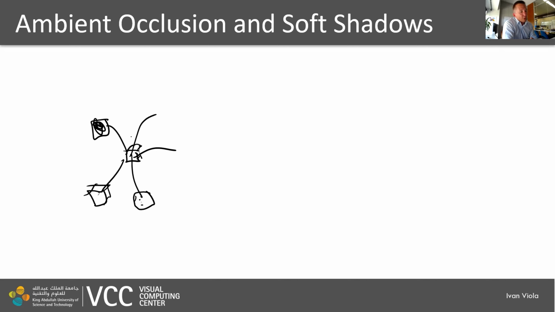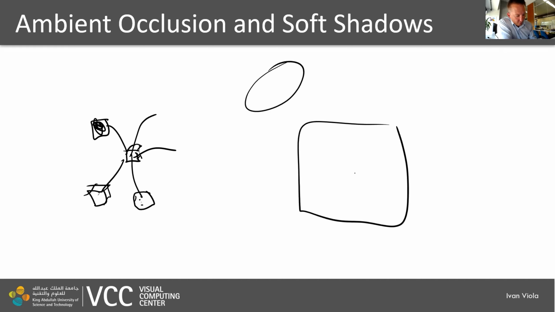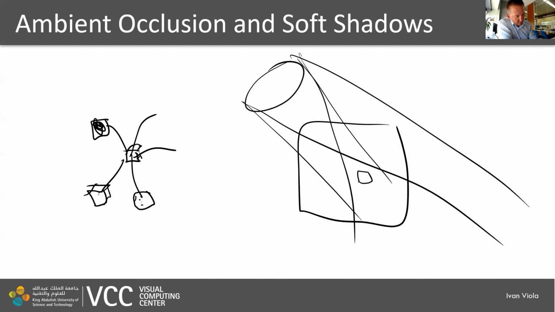And for the soft shadows, we are using something similar. We are using both ambient occlusion and soft shadows for the illumination. For soft shadows, we have a similar approach, but in our volume, we have one voxel. If this is the light source, we again sample our neighborhood around this voxel, but we sample in the direction of the light source.